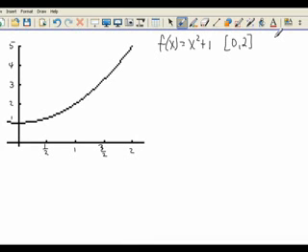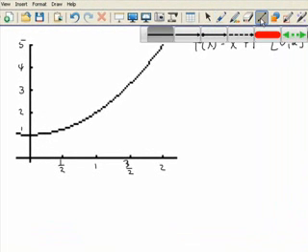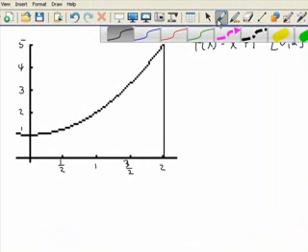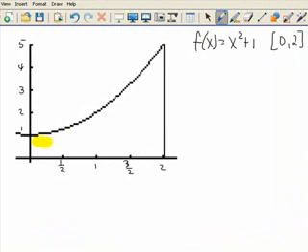What I want to do is approximate the area under this curve and above the x-axis. In other words, I want to approximate the area of this space.